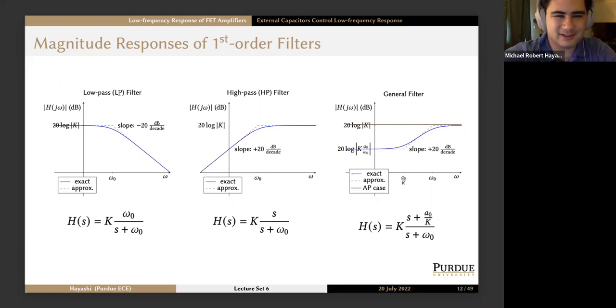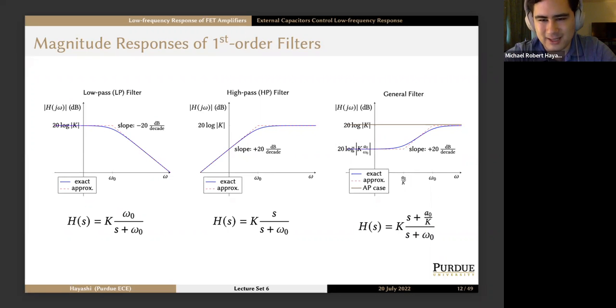So we have the LP filter, the HP filter. Now let's look at the general filter. The general filter has a 0 that's not at 0 and a pole somewhere else at omega naught. The way this one is structured, a naught over K is less than omega naught.